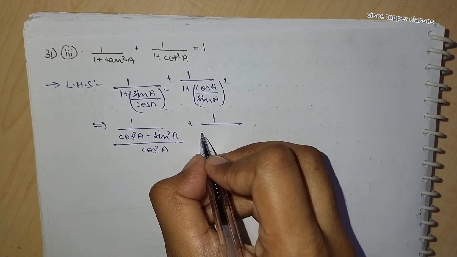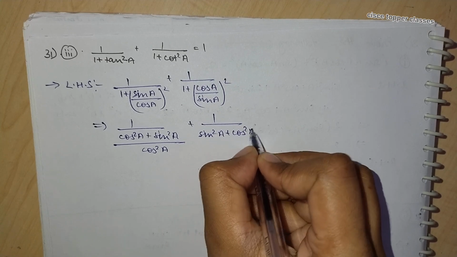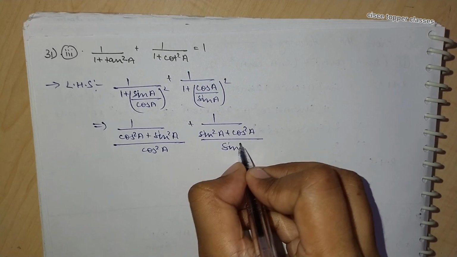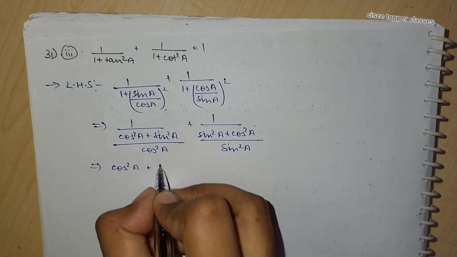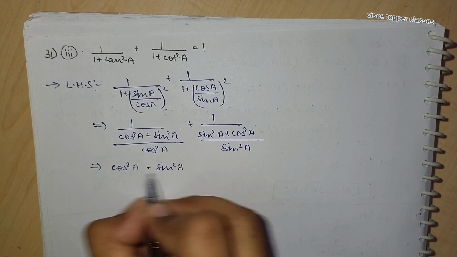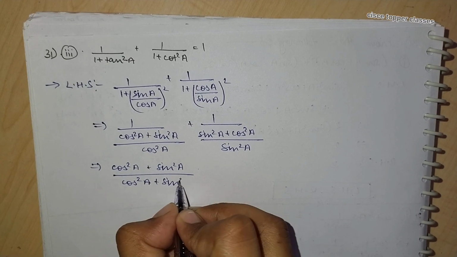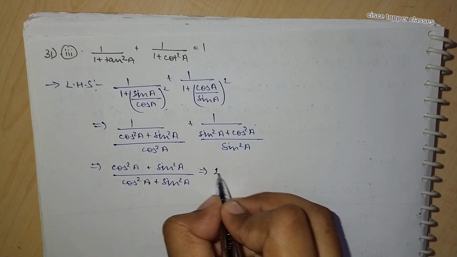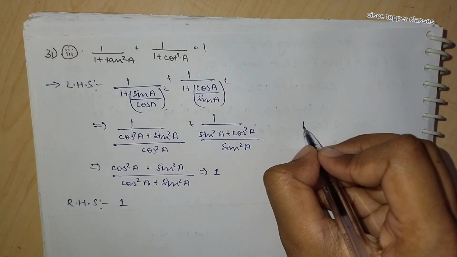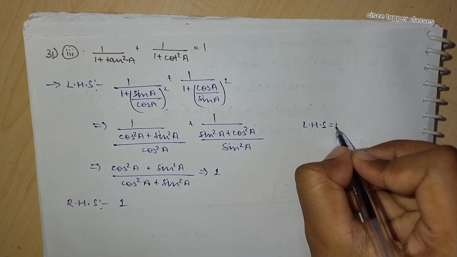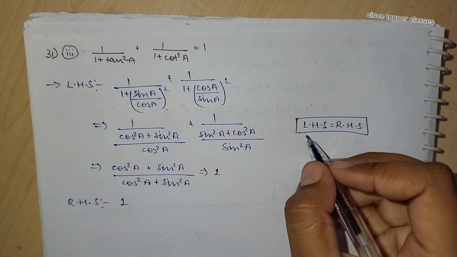Again 1 upon (sin square A plus cos square A divided by sin square A). So this part we can write cos square A plus sin square A on taking LCM. Again this will be cos square A plus sin square A. So on cancelling this part, this will be 1 and RHS is equal to 1. From that we can write LHS is equal to RHS, hence proved from here 31 third part.